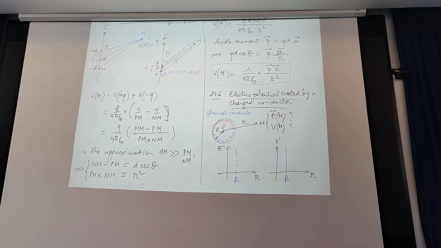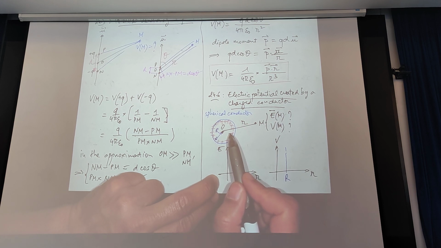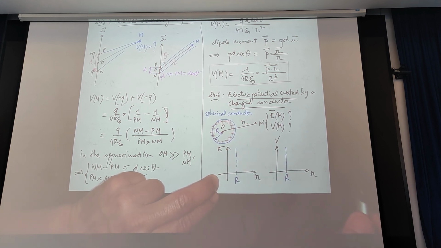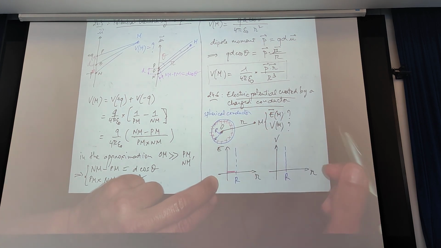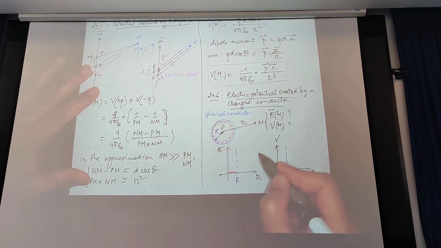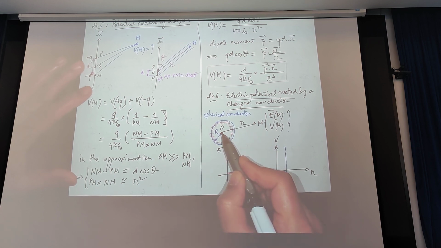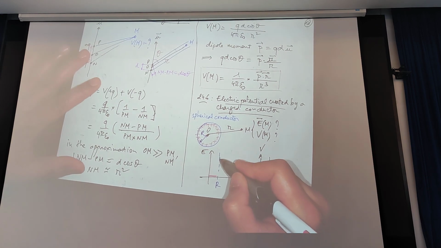As I said before, inside the spherical conductor, the electric field is equal to 0. Outside, if you apply Gauss's law, you will find it is the electric field created by a point charge. So it's like this.